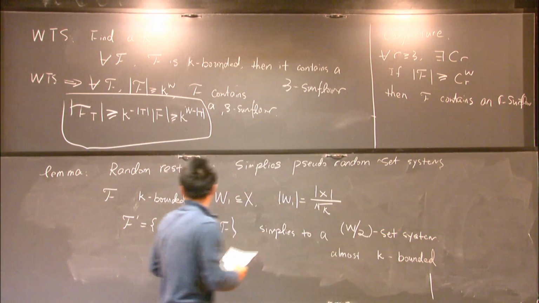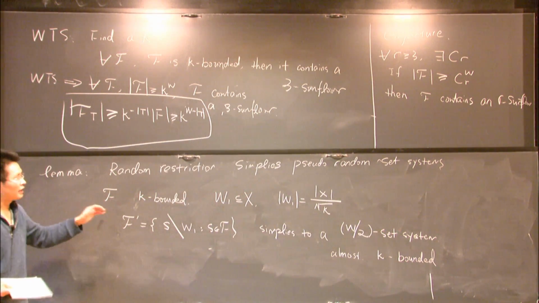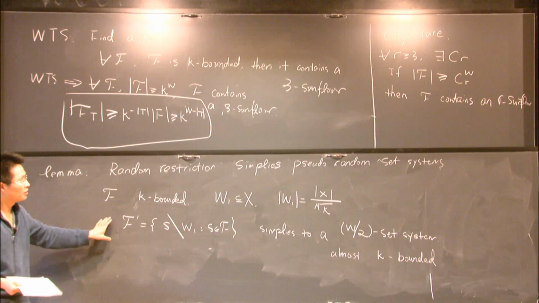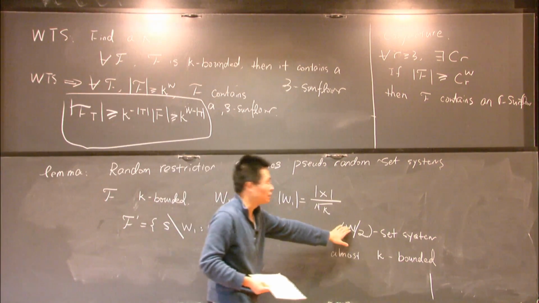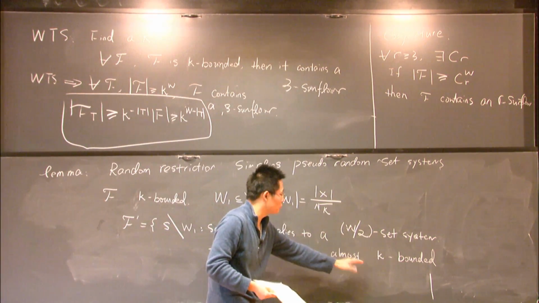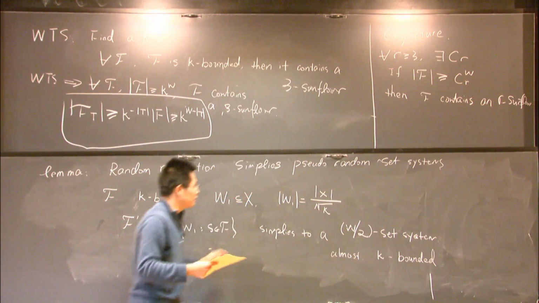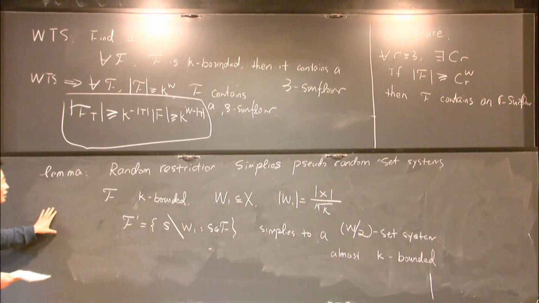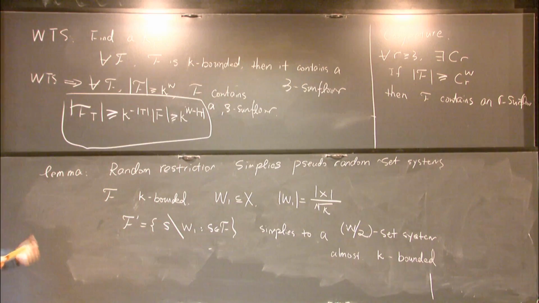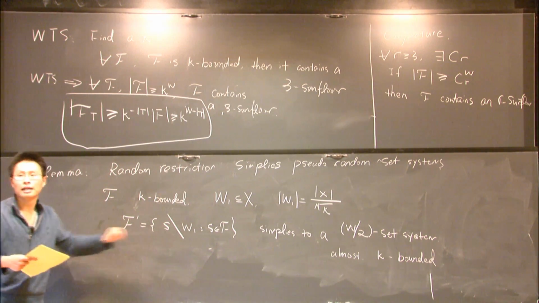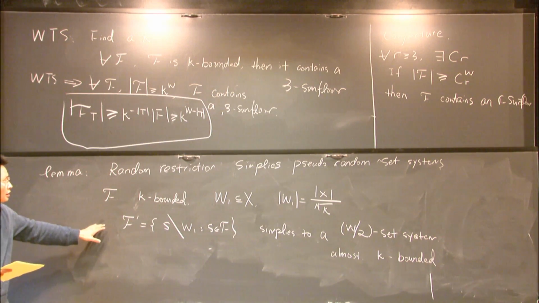Let's assume this is true for a second. Then we can draw W1, W2 up to log W, draw log W set systems, and show with high probability the union of these covers the sets.